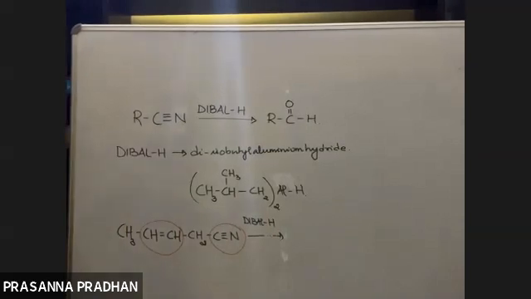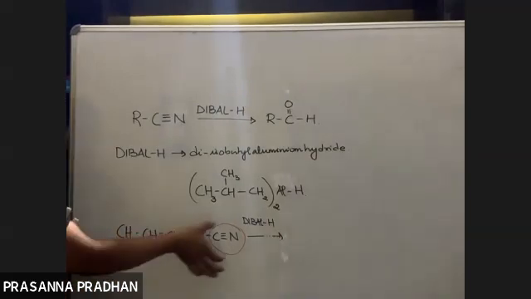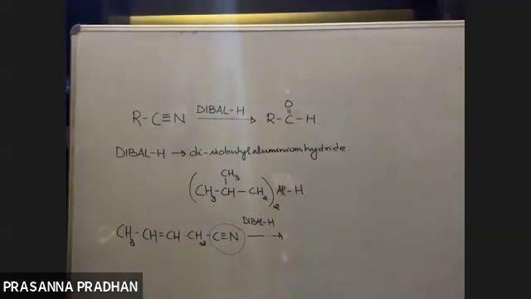The carbon-carbon double bond is going to remain unaffected out here. Diisobutyl aluminium hydride acts as a selective reducing agent. Now it will no longer affect this double bond. The double bond will remain intact. But if I use SnCl2 and HCl, the double bond will be reduced, and the triple bond will be reduced too.